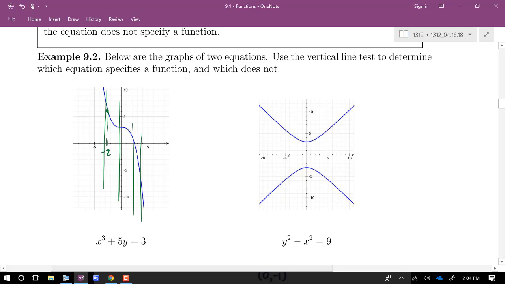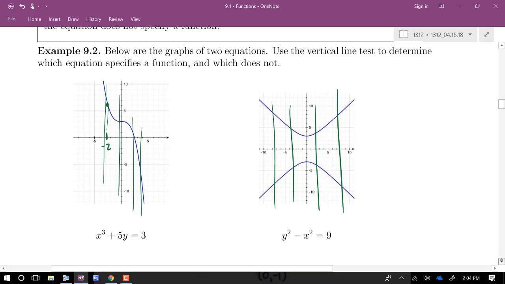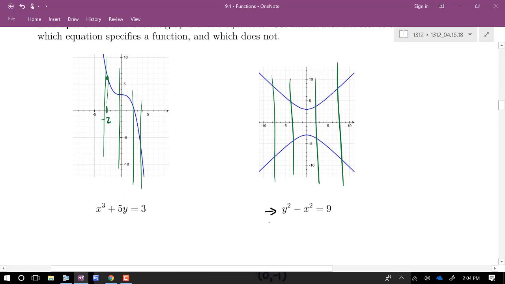Over here on this side, this fails the vertical line test horribly. It fails at every point. For every value of x, there are two y coordinates. You could even see that algebraically if you solve this for x: you'd have to take the square root on both sides and you'd have a plus or minus. Here we're seeing that play out graphically.